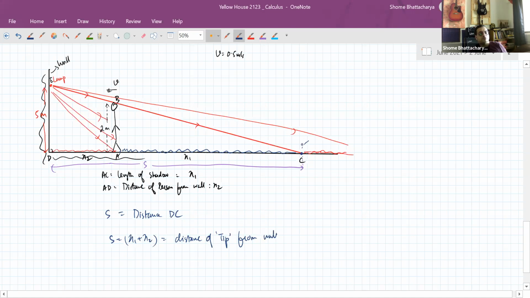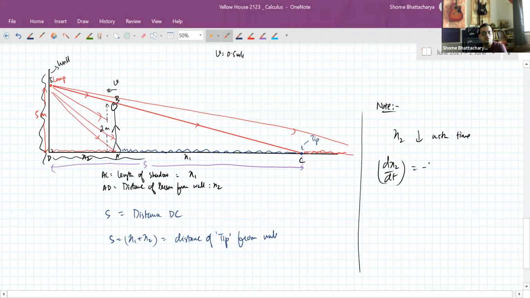This is where the tip of the shadow is. So these are the instantaneous quantities. Now you can understand here that x2 is decreasing with respect to time because the person is moving towards the wall. In fact, we can say that dx2 by dt, the rate at which x2 is decreasing, is minus 2.